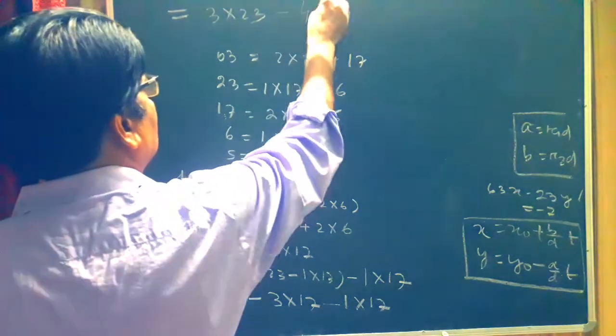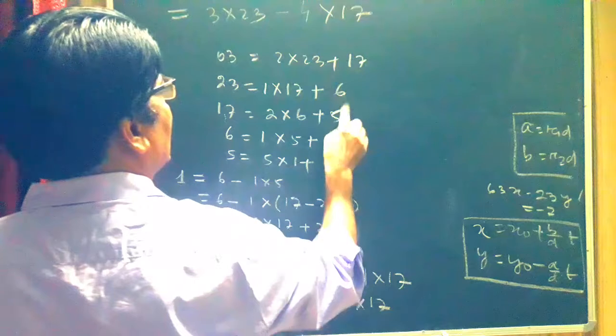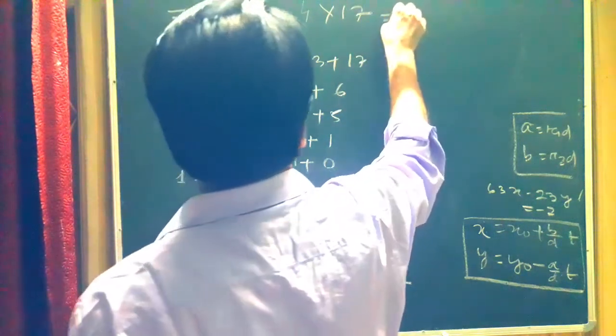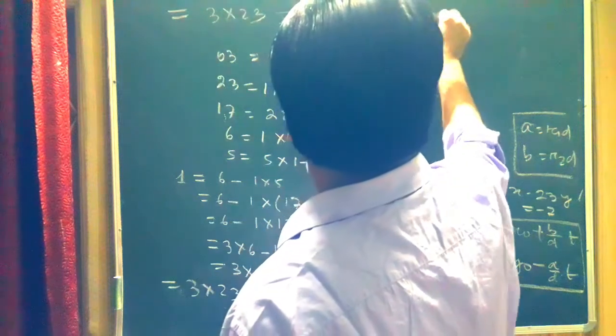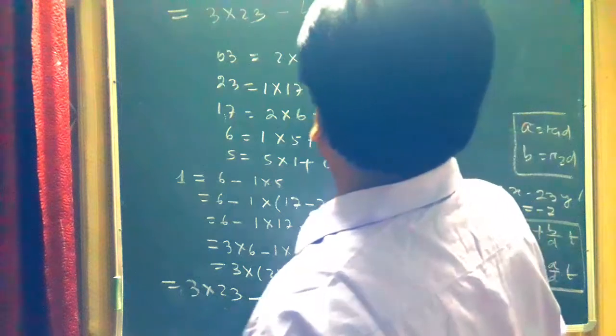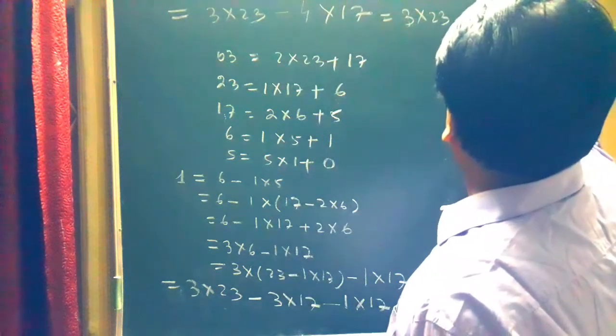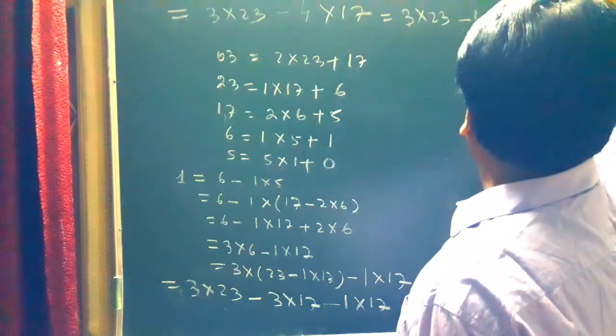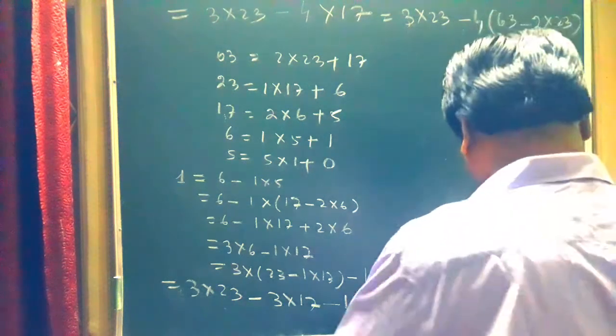And this 17 can be written as 63 - 2 x 23.